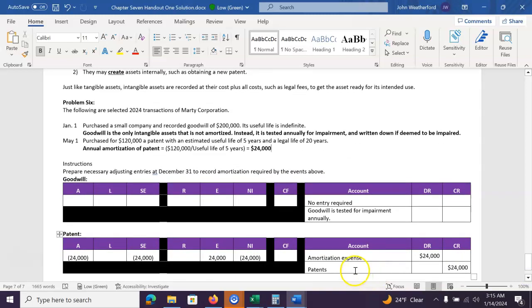So we just credit patents, and our intangible assets would be listed on the books at their net value or book value. So what happened here? Expenses increased $24,000, causing net income and stockholders' equity through retained earnings to both decrease by $24,000, and the asset account patents decreased by $24,000.